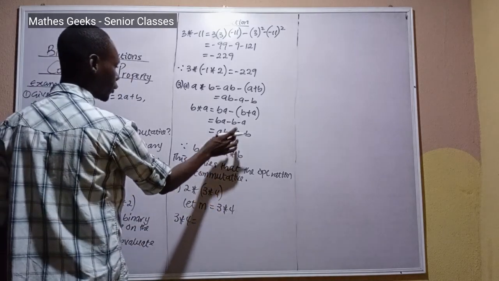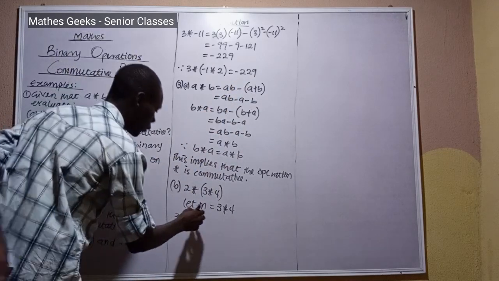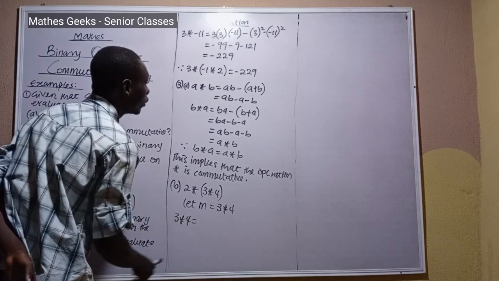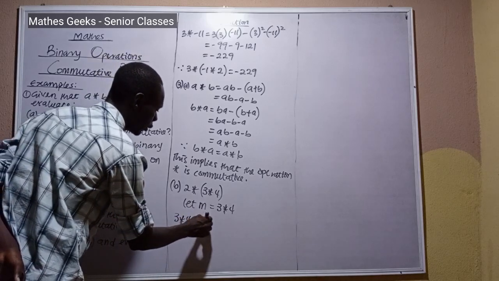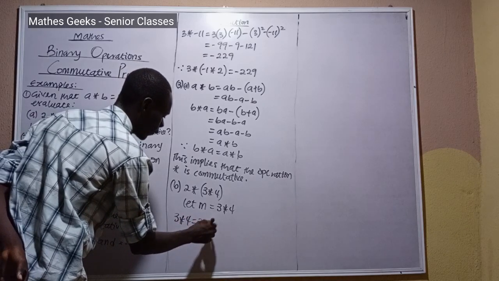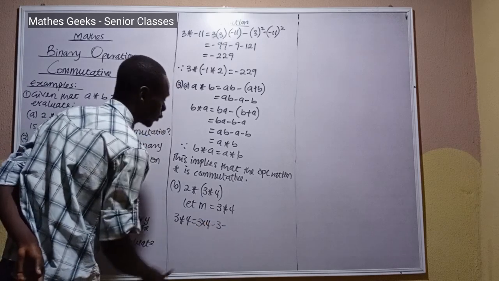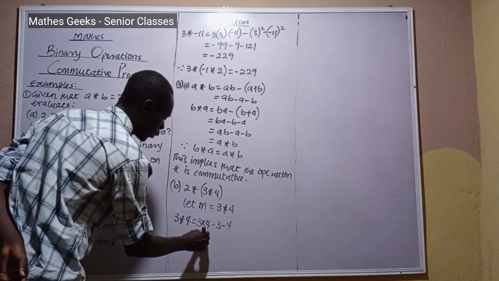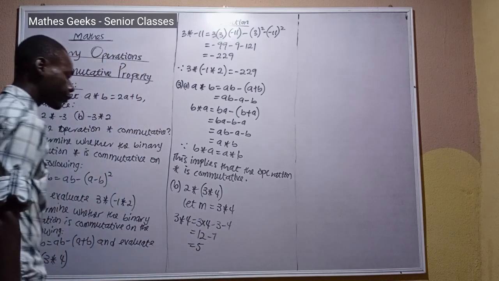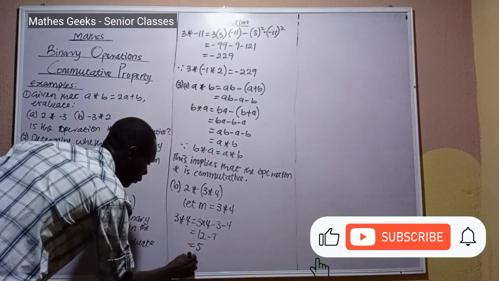Following this rule, you can take this AB minus A minus B. So 2 star 4 is equal to AB, so A is 2 times 4, minus A, which is 3 times 4 minus 3 minus 4. So 12 minus 3 minus 4 is minus 7, and that's 5. So our N is 5.